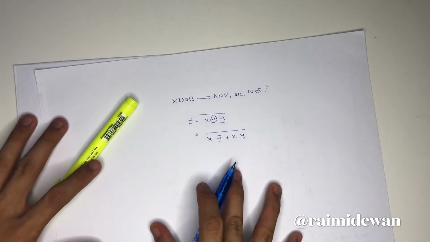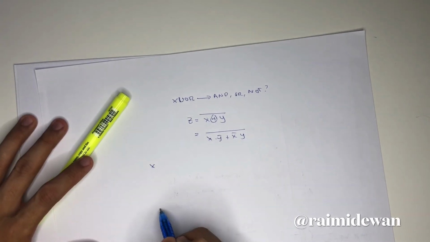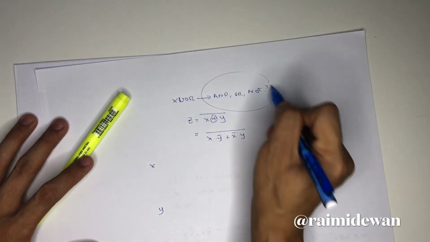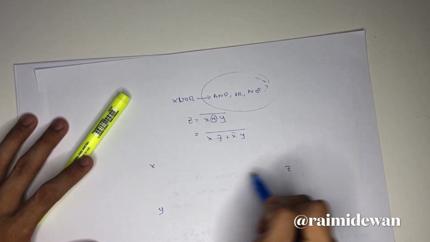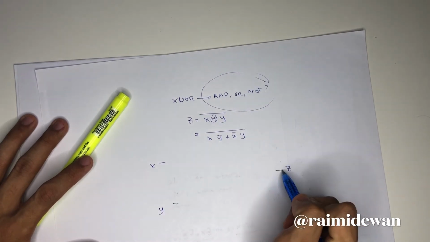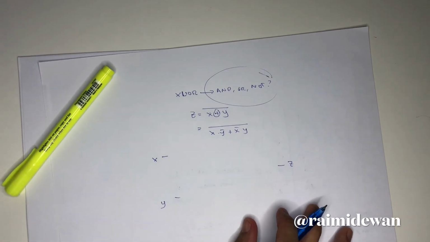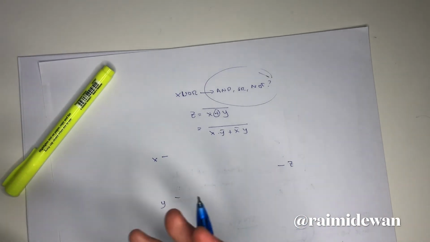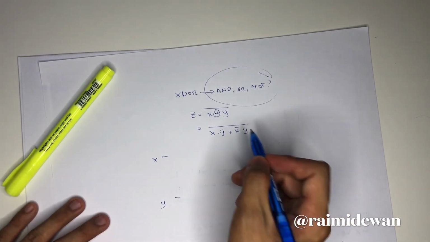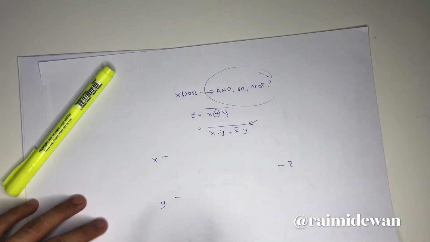Try it yourself with these combinations. How are you going to get the Z? Try first. It's almost the same as XOR, but you need to alter it a bit because in the end you have inversion.